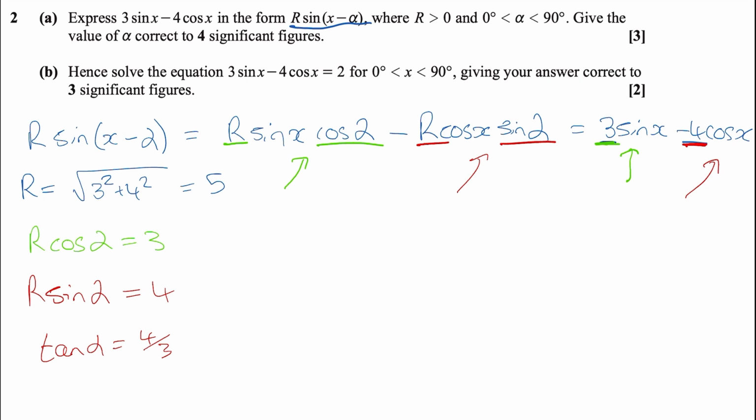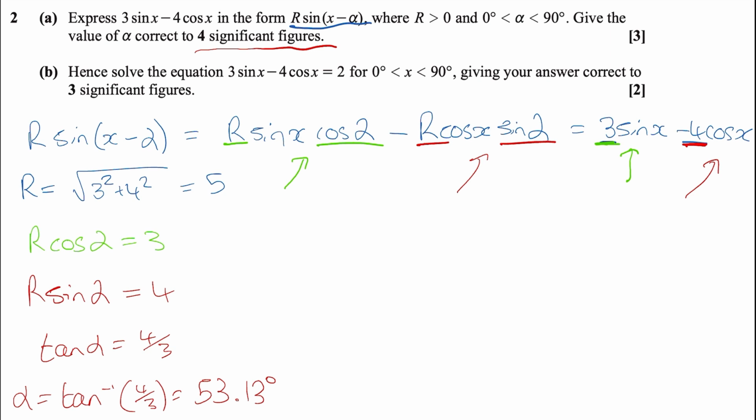And if tan alpha is 4/3, I can work out alpha by doing tan inverse of 4/3. And when I put this into my calculator, making sure I'm in degrees mode, I get 53.13. Looking back at the question, it wanted 4 significant figures, so that's what we'll do. 53.13 degrees. Now, we've only got 2 marks at the moment.